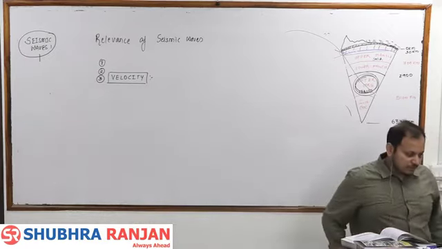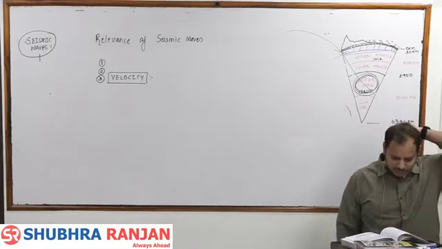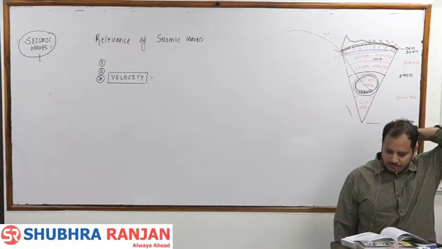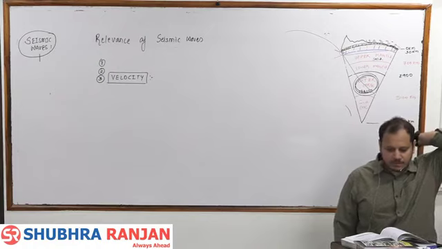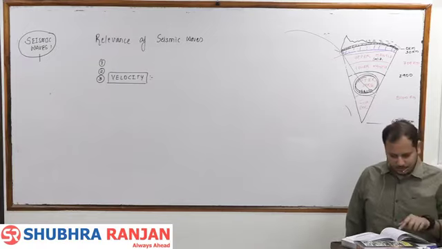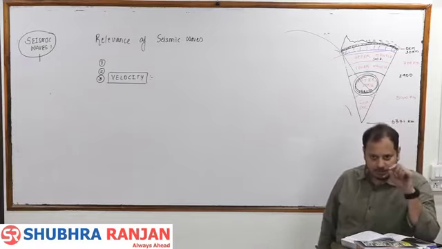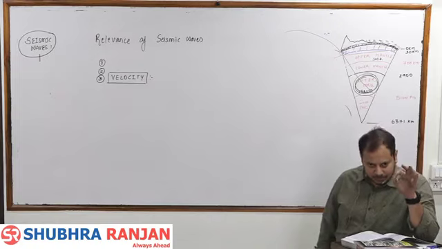The velocity of P waves and S waves goes on increasing as it goes in the interior.